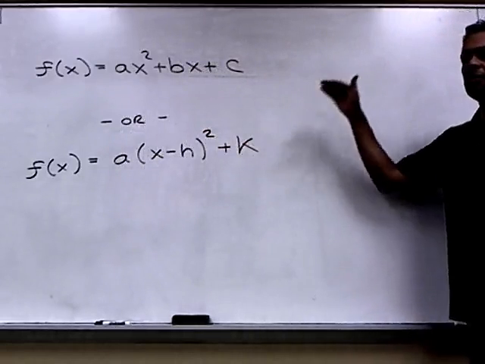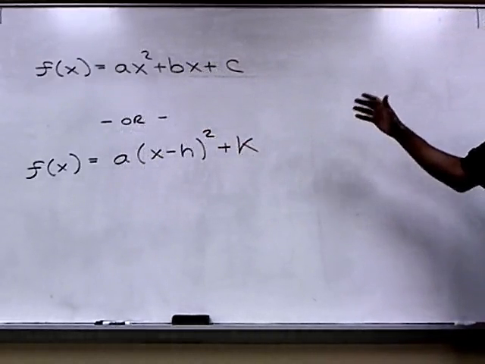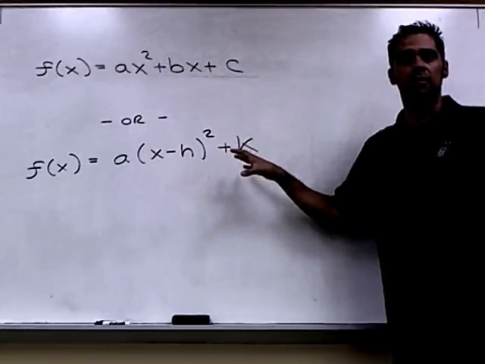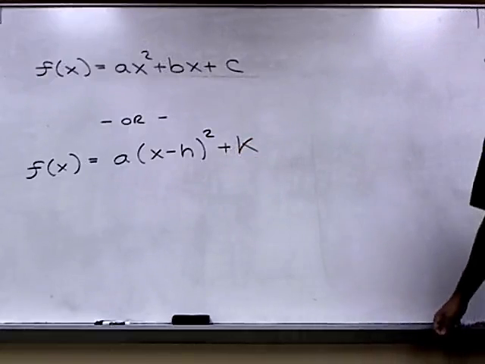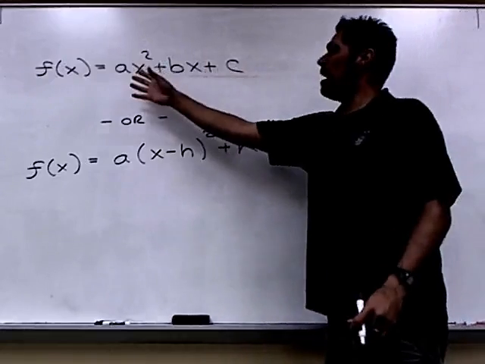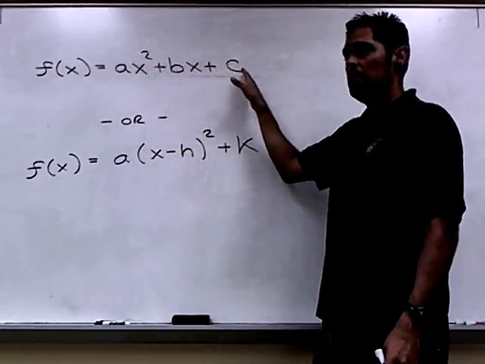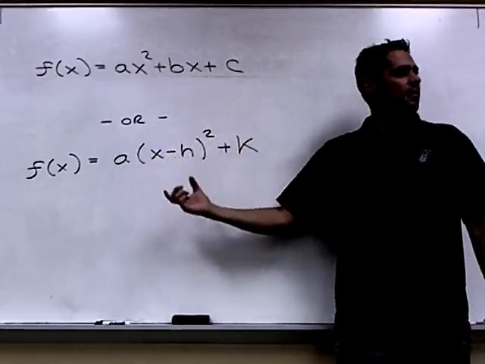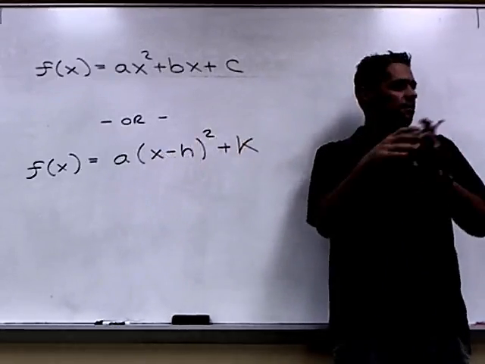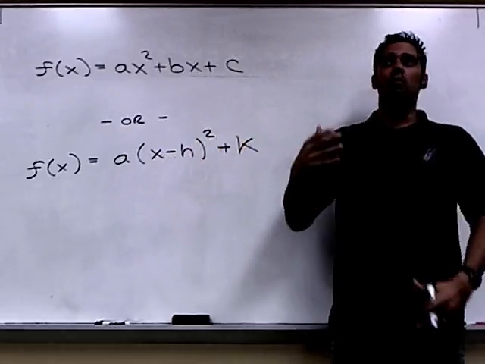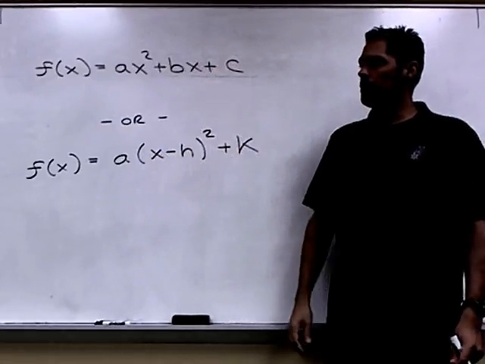These are the 2 forms that we will work with in this class with quadratic functions. You're either going to have it all multiplied out already, with a number in front of x squared, a number in front of x, and a number by itself. Or you're going to have this thing, where we shifted around and moved things and flipped, right? One of those 2 forms is what we're going to work with. You follow me?